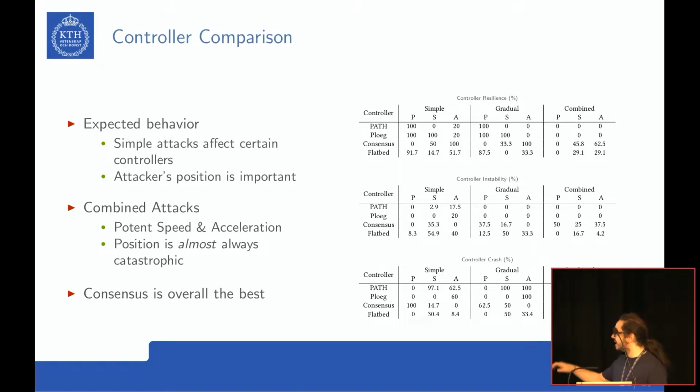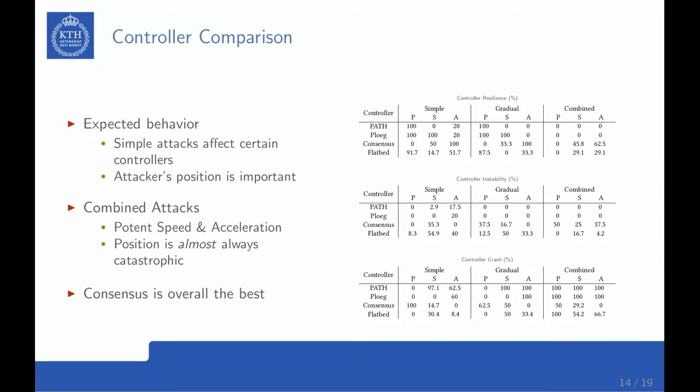Now, you will notice, for example, at the end of the third table, that the combined falsification attacks crash PATH always, like 100% of our test cases. And we can see also that the combined position attack is the most potent attack, with the consensus controller being the most resilient.